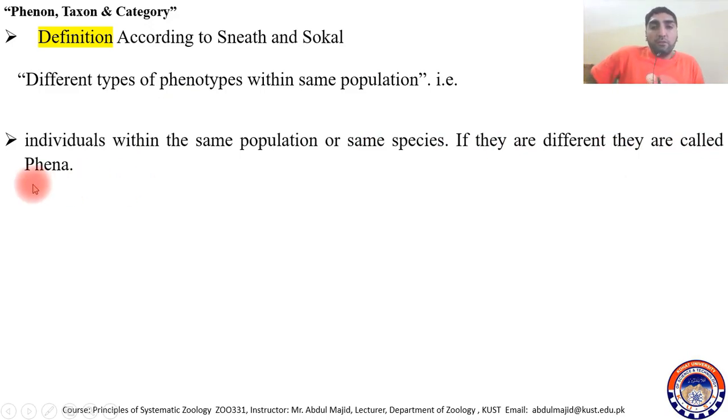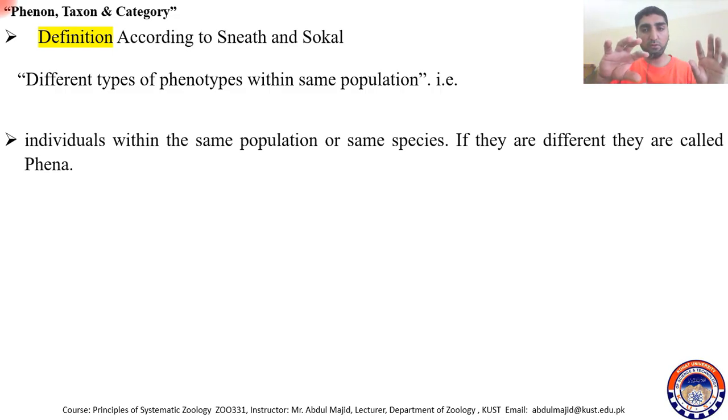Let me explain it a little bit, because both definitions are similar. In the first definition, we discussed that if there are similar individuals within a population or a species, they are a phenon. For example, boys and girls. Boys' physical appearance is different from the girls.